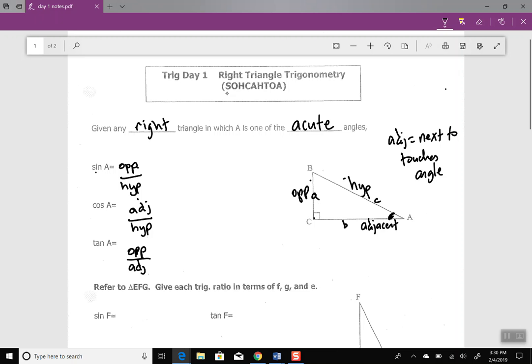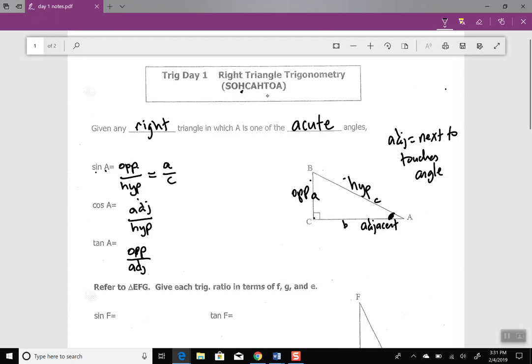Okay. So if I were to actually calculate this, what is the sine of angle A? Sine is SOHCAHTOA, so you write this down so you can remember it. Sine is opposite over hypotenuse. So sine of angle A is the opposite, which is a, over the hypotenuse, which is length little c.